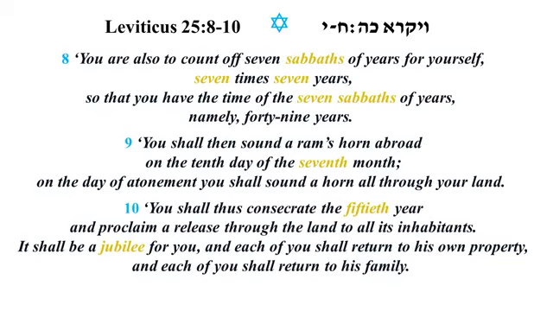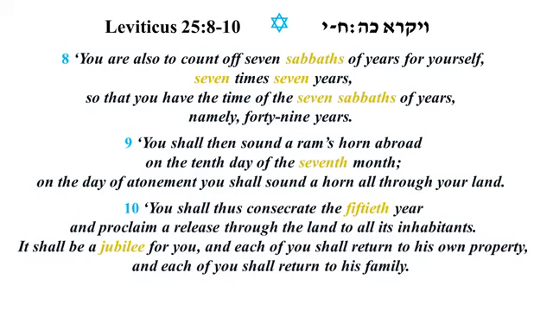On the Day of Atonement, you shall sound a horn all through your land. You shall thus consecrate the 50th year and proclaim a release throughout the land to all its inhabitants. It shall be a jubilee for you, and each of you shall return to his own property, and each of you shall return to his family.